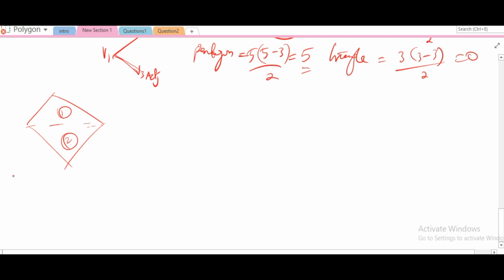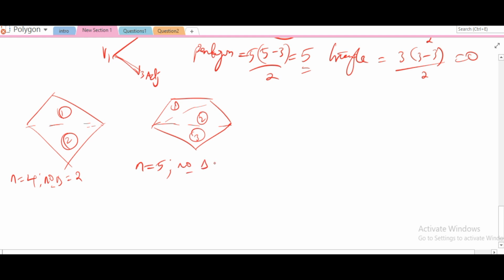So if n is 4, number of triangles is 2. So what of pentagon? So we have 1, 2, 3. So if n is 5, number of triangles is 3.